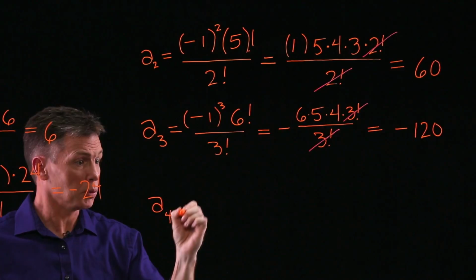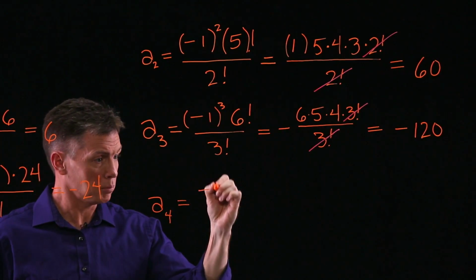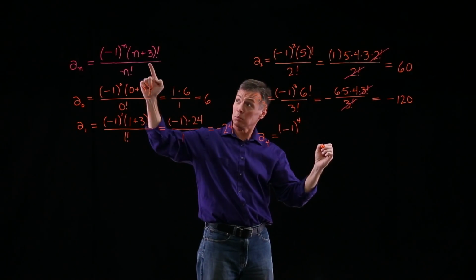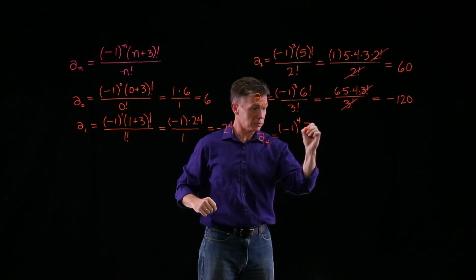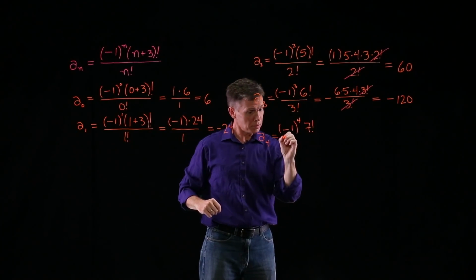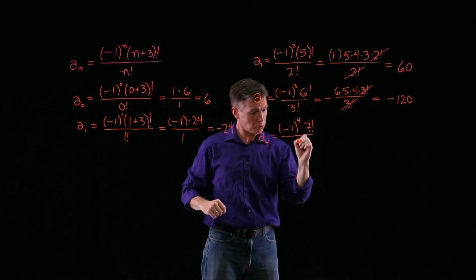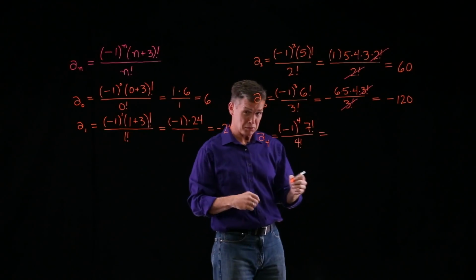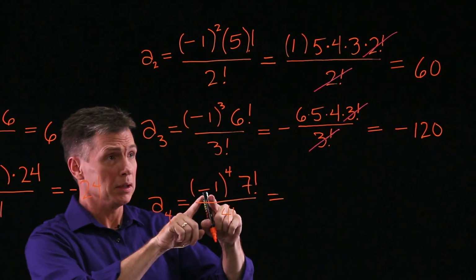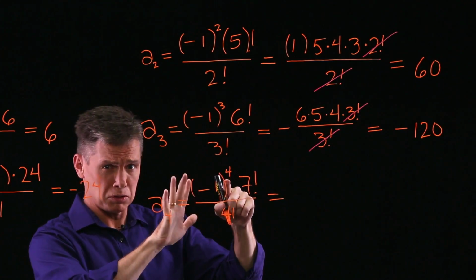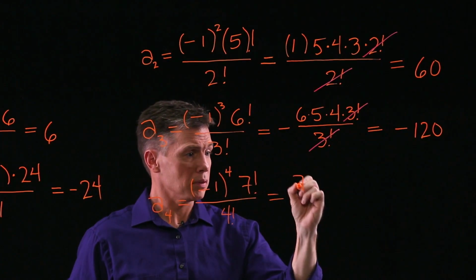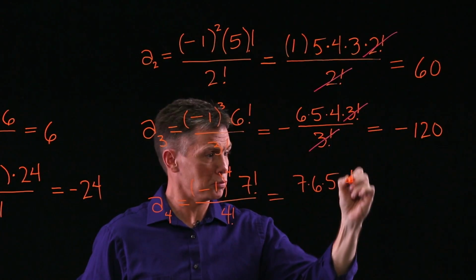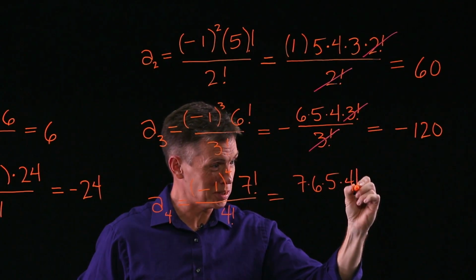Okay, one more. A sub 4 equals minus 1 to the 4th. 4 plus 3 is 7 factorial, divided by 4 factorial. And in my next step, do that same factorial simplification. Negative 1 to an even power, though, that's going to be a positive 1. 7 times 6 times 5 times 4, 3, 2, 1.